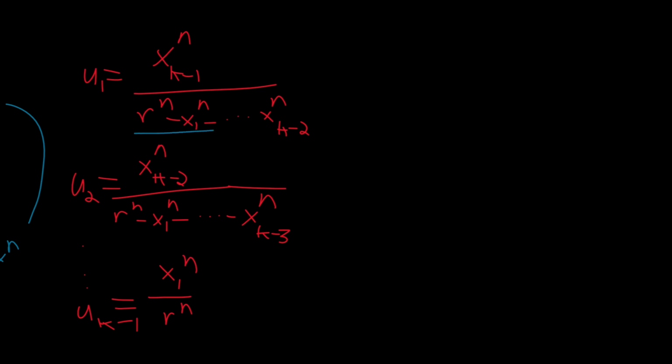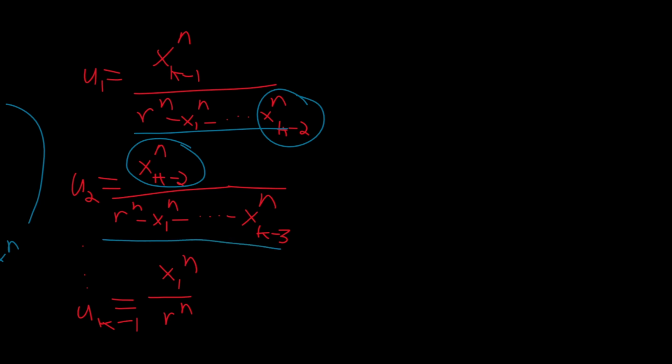On the denominator, we have r^n minus x1^n ... You'll see we have this term, x_{k-2}^n, but you'll also see that we have the same exact term in the numerator, and that there is something very similar in between.